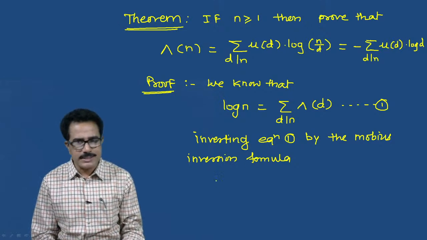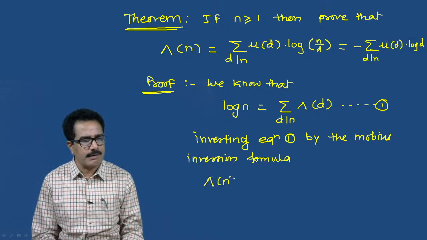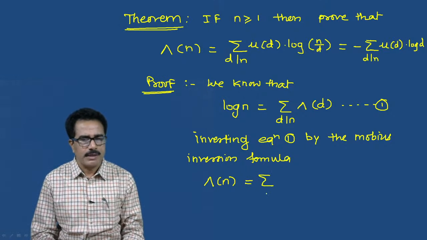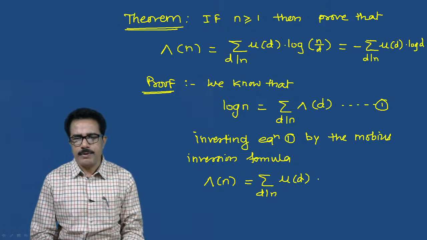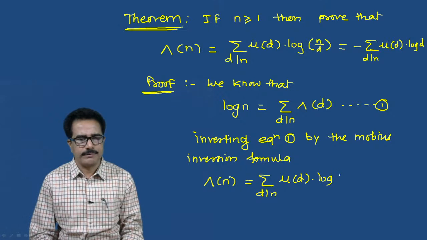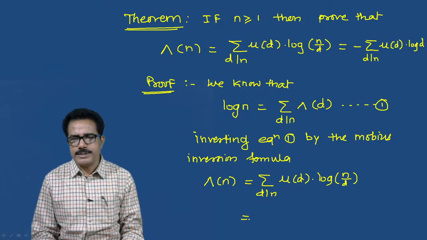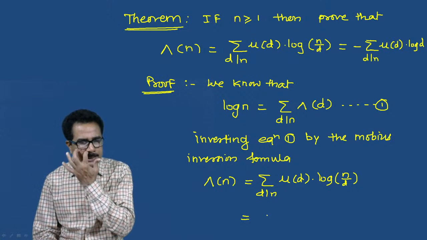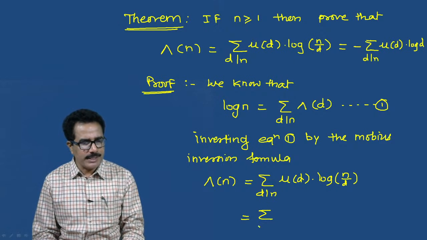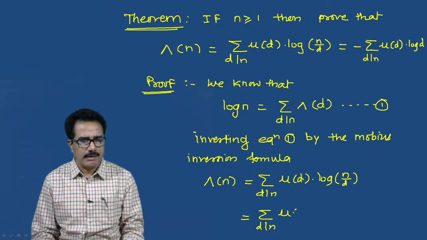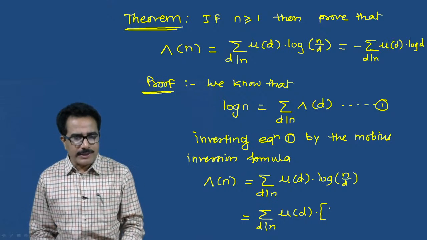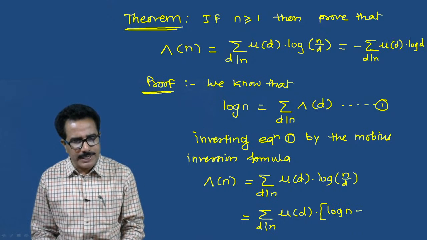How can we write, students? That is lambda of n, which is equal to summation over d dividing n mu of d into log of n by d, which can be written as summation d dividing n mu of d into log n minus log of d.